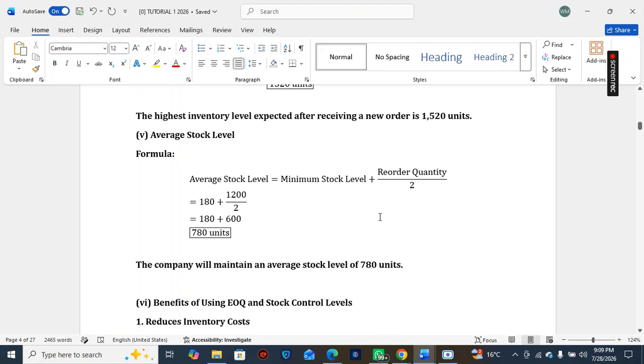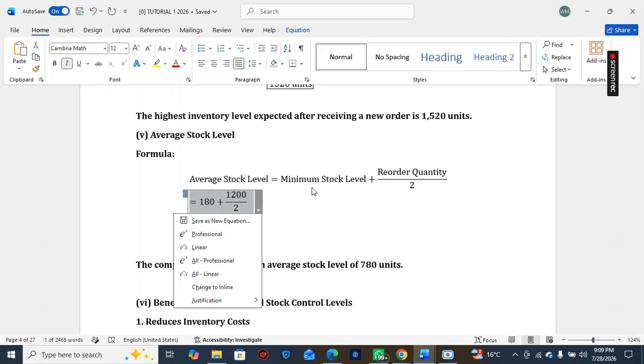Colleagues, I hope we've heard that. Yes, it's the minimum stock level plus the reorder quantity divided by 2. Minimum stock level, 180 units. Remember we calculated this, 180.